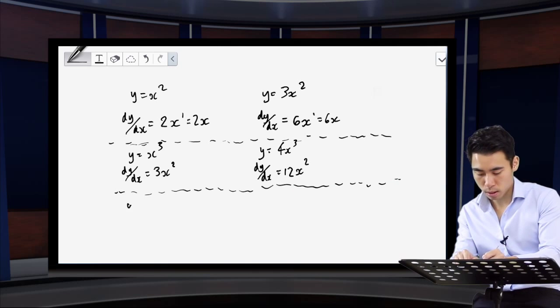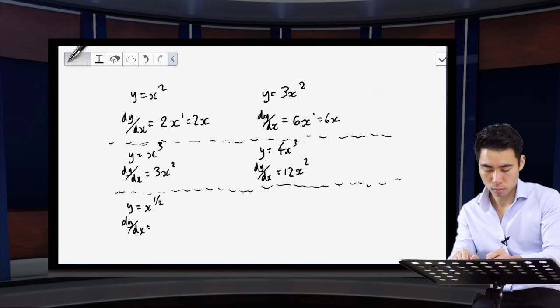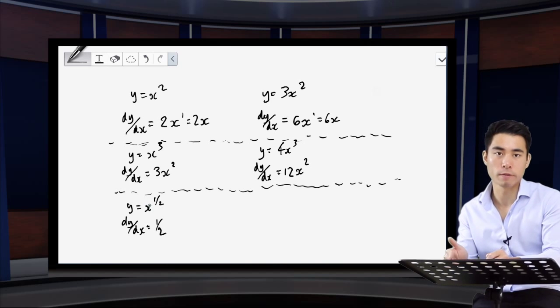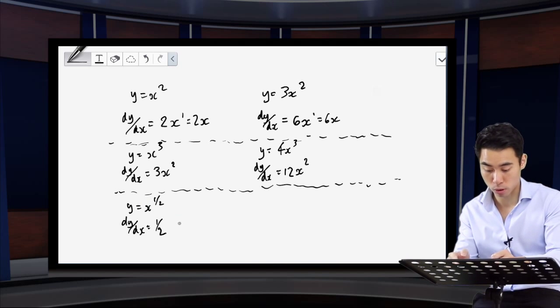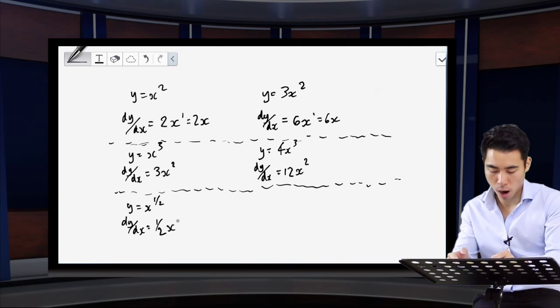Okay, a couple of trickier ones now. y equals x to the half. My dy by dx here: well, bring my power to the front. No coefficient there, or my coefficient will be 1, so combining my half with my 1 just gives me a half. x. Now decreasing this power by 1, what happens when you subtract 1 away from a half? I'm left with minus a half.